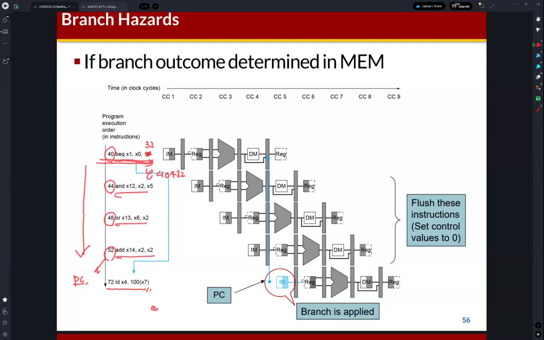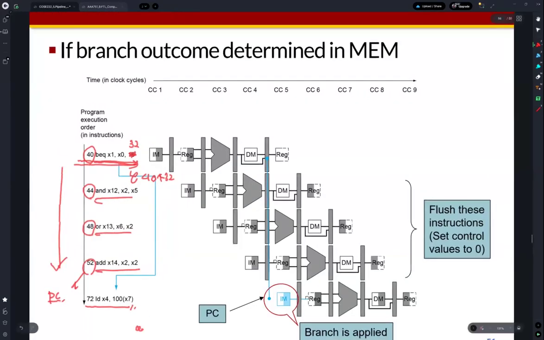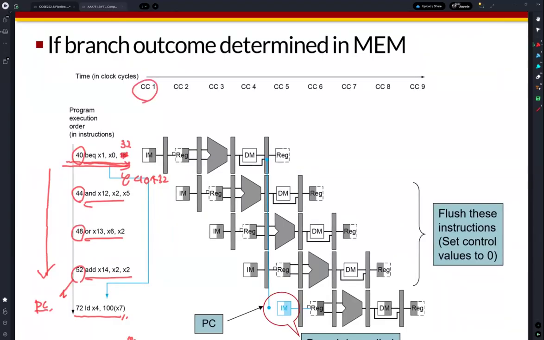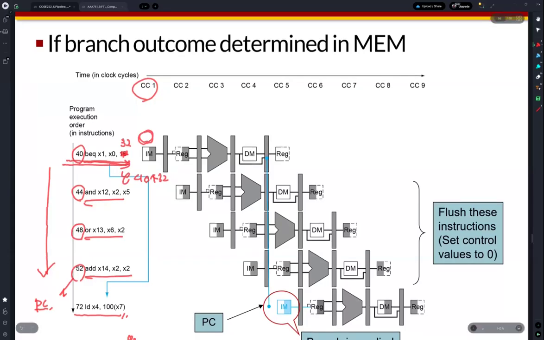But this is a pipeline processor, so let's see how these instructions are executed in the pipeline. This is the clock cycle number. In clock cycle one, the branch instruction is in the instruction fetch stage. In the next clock, the branch instruction is propagated to the ID stage.